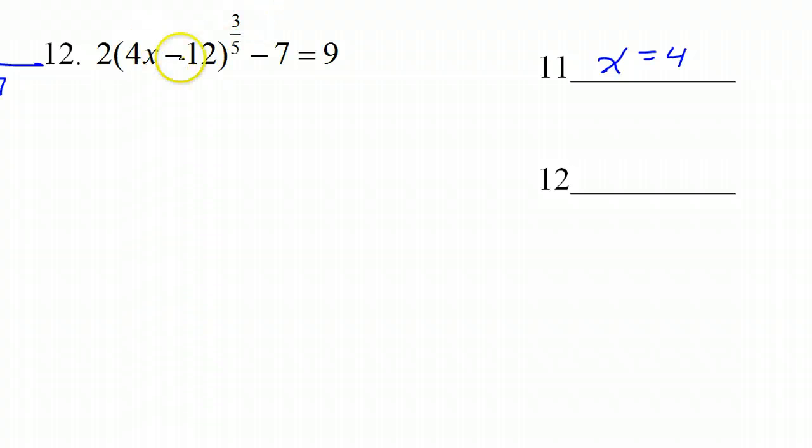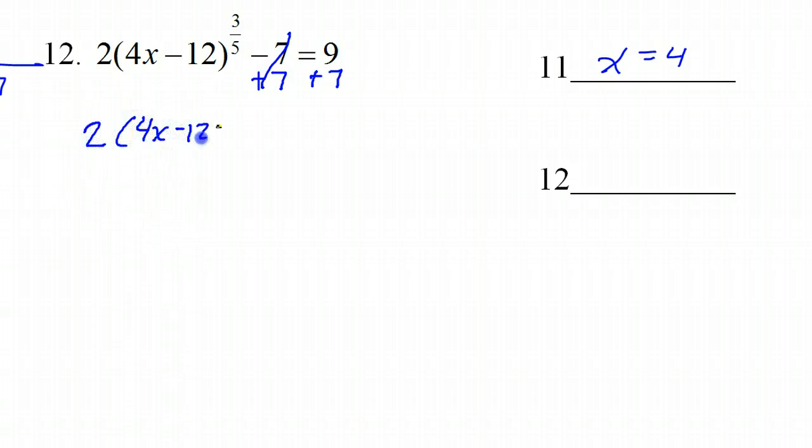We need to get this whole parentheses situation by itself. So the first thing you want to do is add 7 to both sides. Those are gone. So that will leave us with 2 times 4x minus 12 to the 3/5 power is equal to 16.